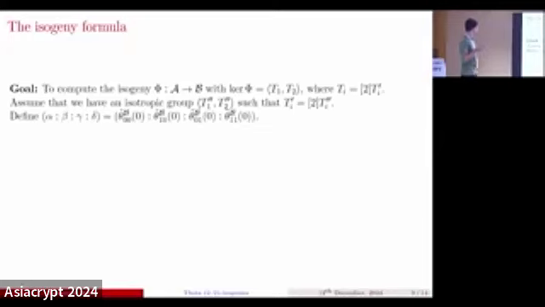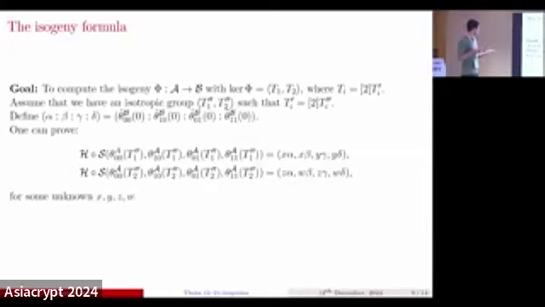Another definition: you define the dual theta null point by alpha, beta, gamma, delta. Once you have all of this, you take the theta coordinates of the points T1' and T2', apply the square and the Hadamard transform, and you obtain some relations between the dual theta null point and some unknown scalars x, y, z, w.